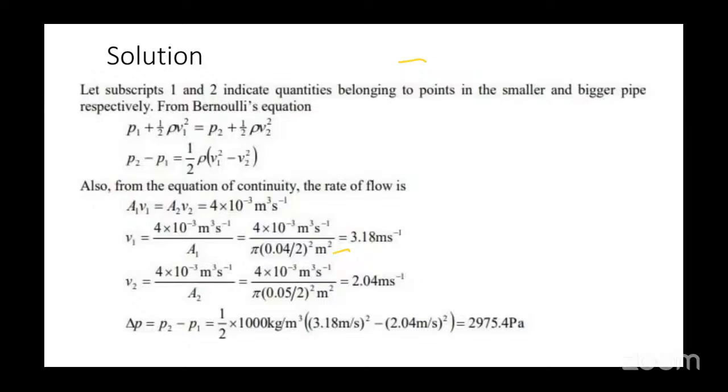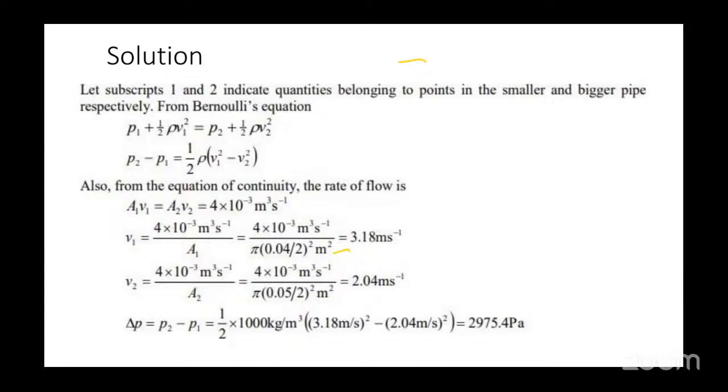A1 V1 is equal to A2 V2, and that is equal to 4 times 10 raised to minus 3. So we find A1 first, like I explained, using the internal diameter of pipe 1, and then substitute to get V1, then find A2 using the internal diameter of pipe 2, then substitute to get V2.